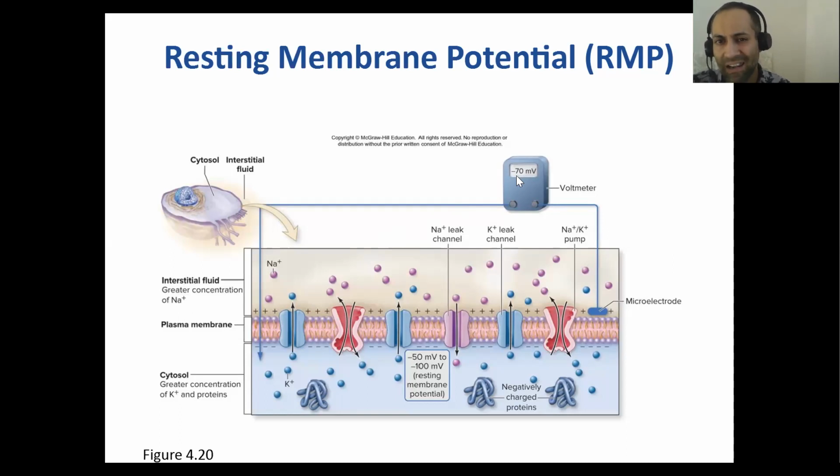What maintains it at that level is a number of ion channels: your sodium potassium pumps, sodium ion channels and potassium ion channels, sodium leak channels, potassium leak channels. Altogether, they determine the resting negative 70 millivolt value inside of your cells.